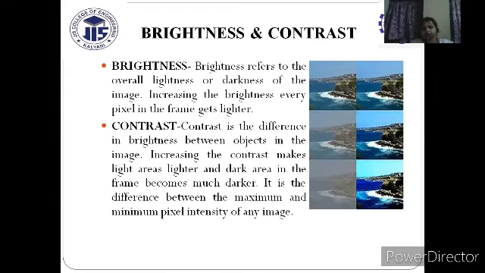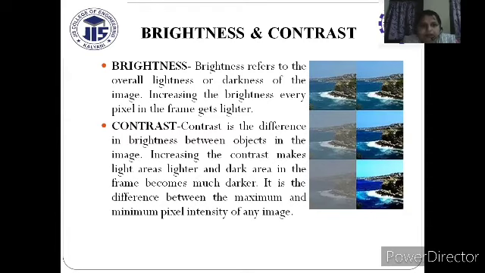There is a figure on the right side with some examples of brightness and contrast. On the left side, we can see that in box number 1, brightness is normal. After that, the brightness is continuously higher. And in the right side pictures, contrast is increasing more and more.